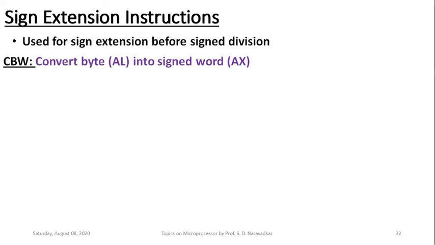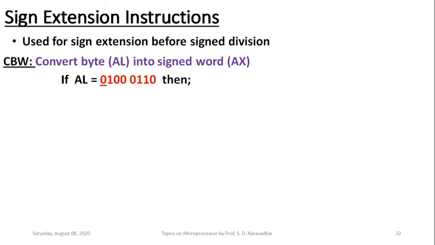From this sentence, it seems to be a bit difficult to understand. Let us take one example. So here is that example. If the contents of the AL register are like this: 0 1 0 0 0 1 1 0. Then after the CBW instruction, what result will be copied to the AX register?